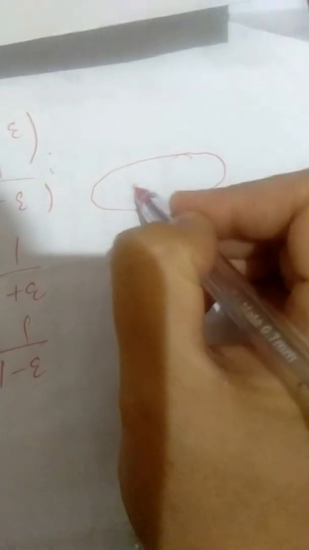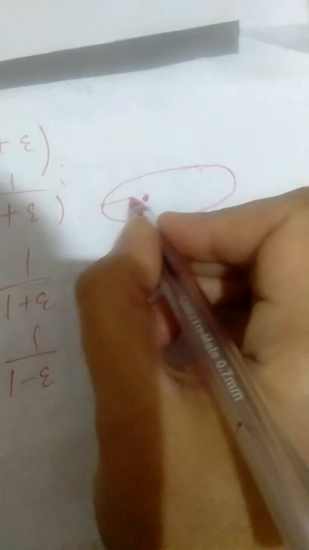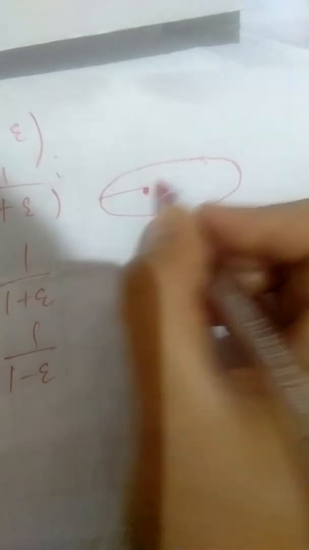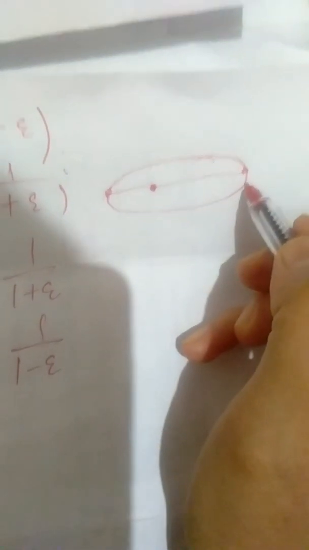Now you are also able to comprehend that for a planet moving around the sun, suppose the sun is placed here at this focus. When the planet is nearest to the sun, this is the distance, and when the planet is farthest from the sun, this is the distance. Obviously, the sum of the two distances is equal to the length of the major axis, and the length of the major axis is 2a.